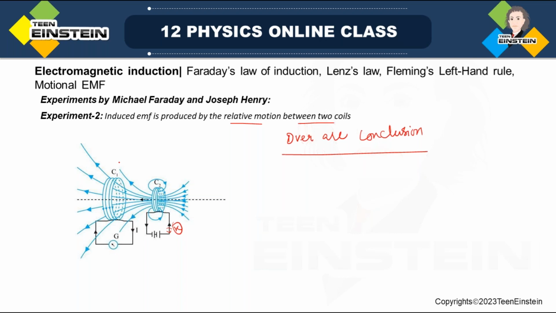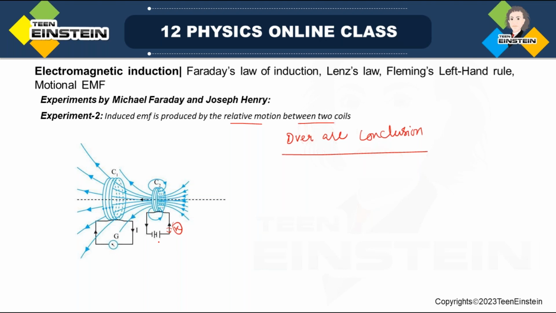Whether C1 is moving or C2 is moving, when they are brought close towards each other, the flux linked with C1 will be increasing compared to the previous situation. So there will be a net change in the flux. That is actually the cause.